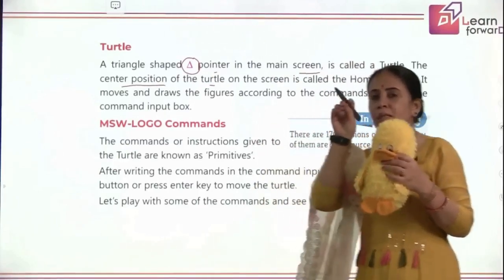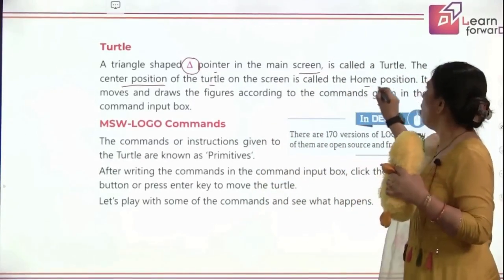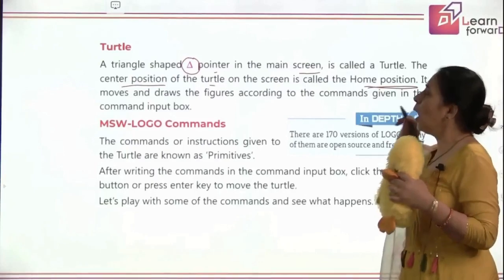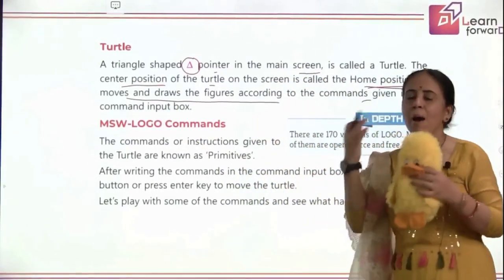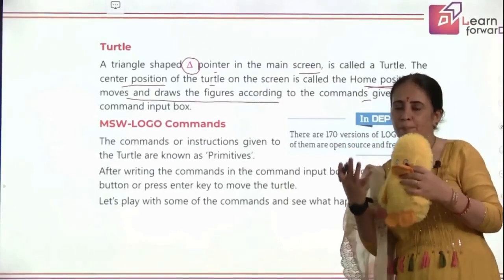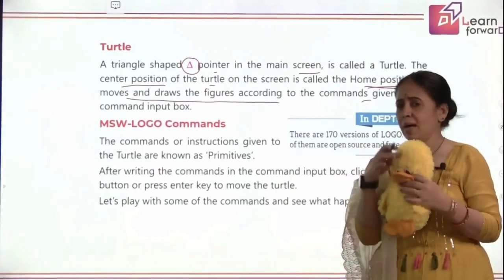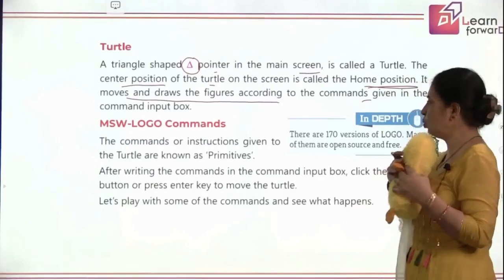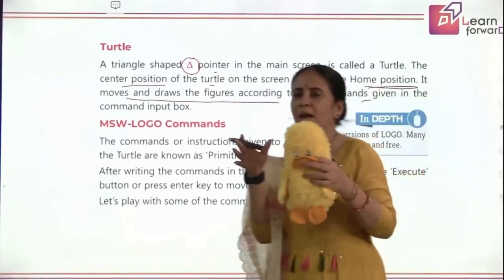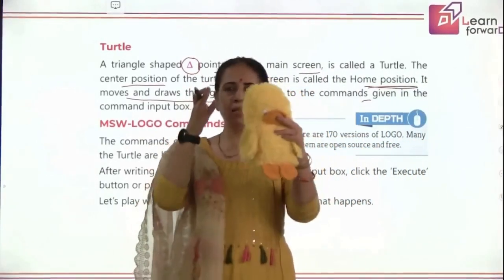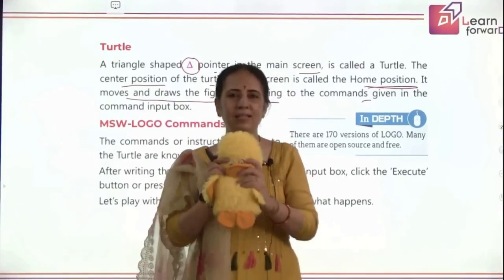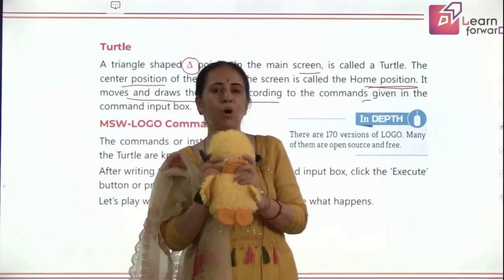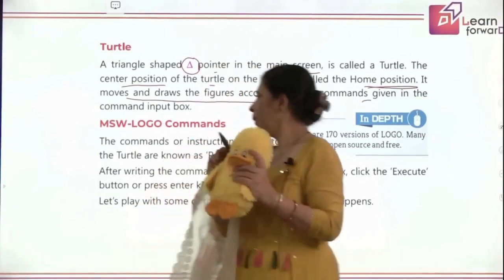That is, the center position is called the home position. Now, it moves and draws the figure according to the commands which you are giving to the computer. Now, what are these commands? I'll just help you to understand that also. But first thing you have to understand that there is a screen. At the center of the screen, when you start working, you could find a turtle sitting at the center, and that center position is called the home position, right?